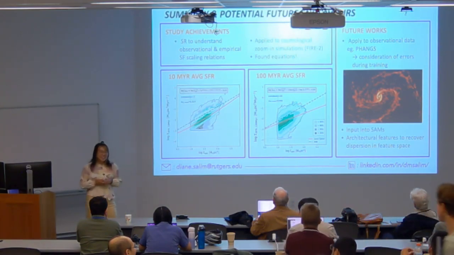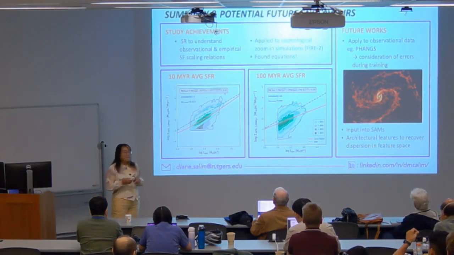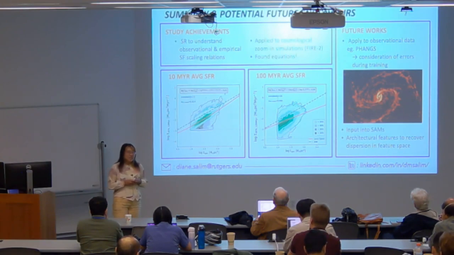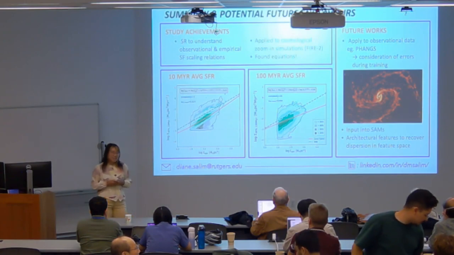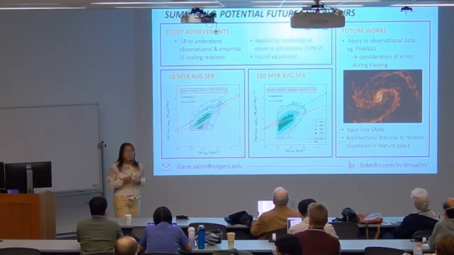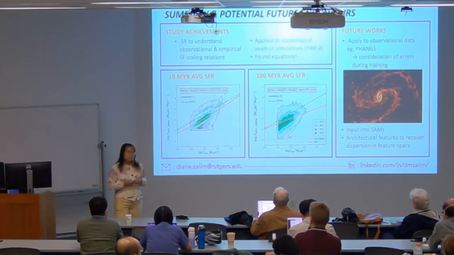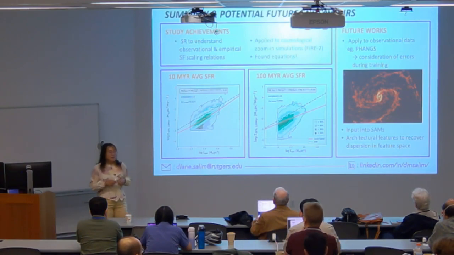Great talk. It was a question about one of these future applications, whether you were thinking about applying it also as a subgrid model for larger scale cosmological simulations like Illustris or Eagle, and in this case, whether you tried playing with quantities, not like velocity dispersion, which will not be available in the simulations, but more like large scale, kiloparsec scale velocity fields. Yeah, I think that would be interesting.